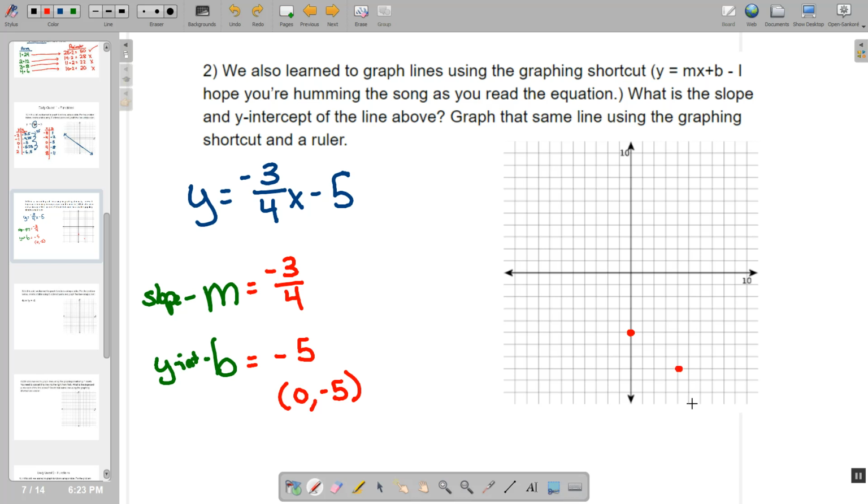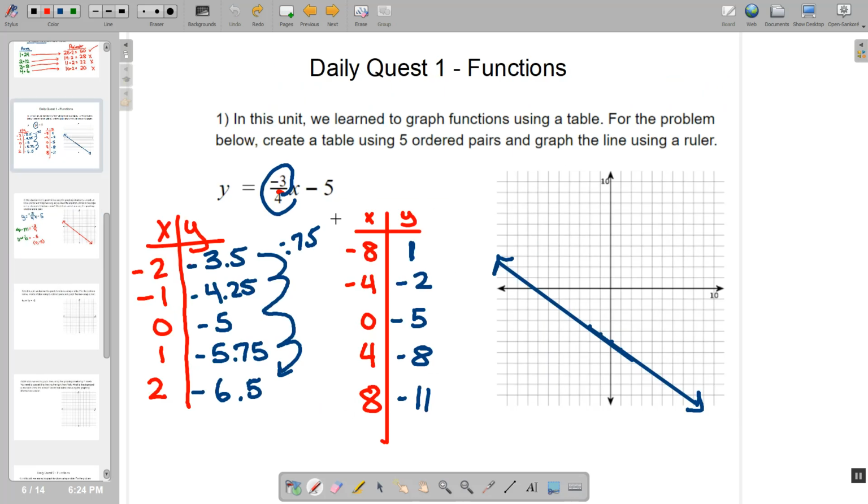To graph this, I start at -5, and I go down 3 and over 4. I could do that again. Or I could go up 3 and back 4. It should give me the same information both ways. Now, if you notice, this line that I just made actually includes all of the points on the right side table.